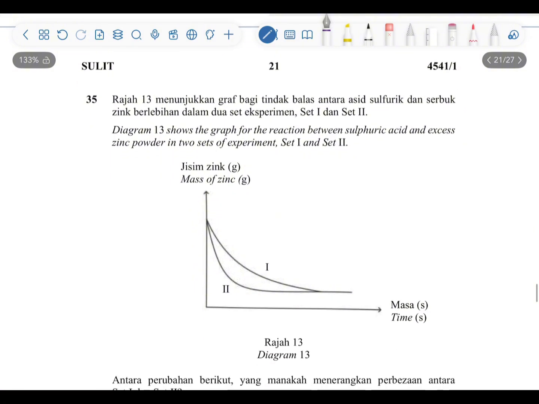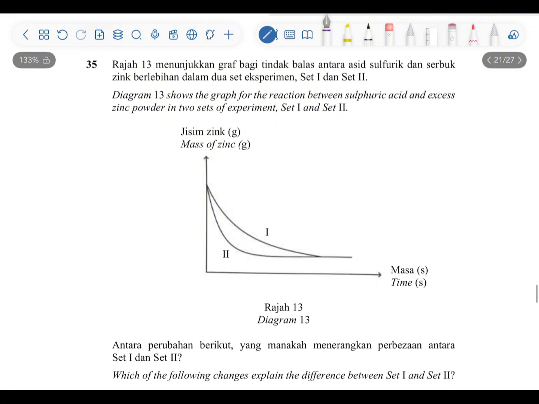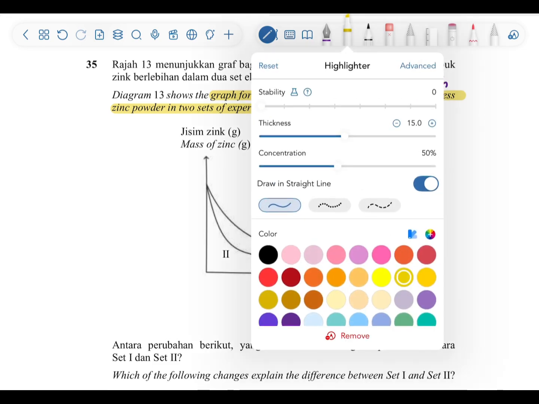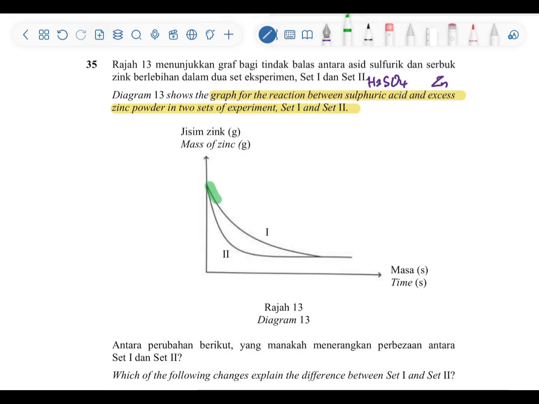So next, for the next question, diagram 35. This is the graph that shows the reaction between sulfuric acid, H2SO4, and excess zinc in the two experiments, set 1 and set 2. We just use 2 colors.